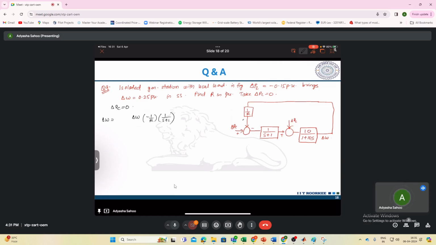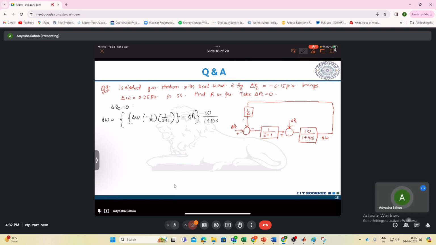So this minus delta PL, again it is multiplied by 10 by 1 plus 10S, that is your delta omega.